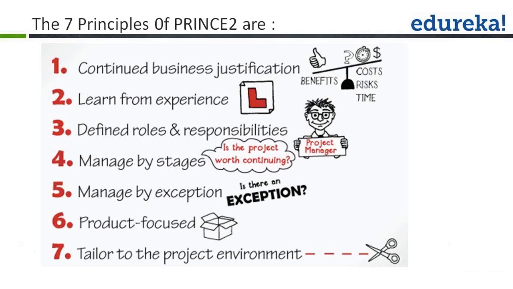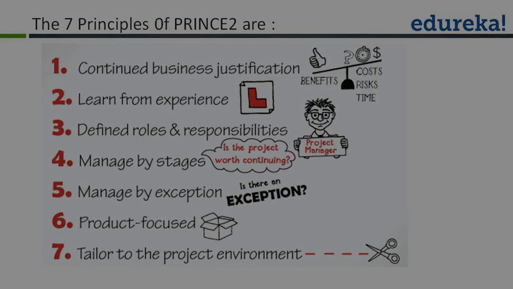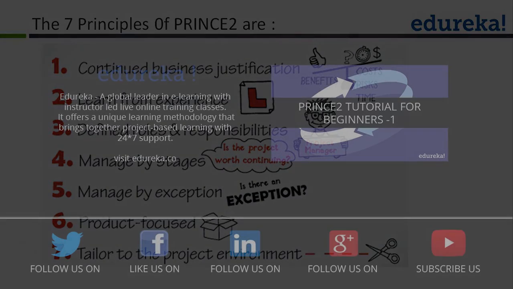If a similar set of processes is applied to every project without taking into account the complexity, there won't be any benefit. In fact, sometimes the process might become an overhead instead of an aid. So all practitioners must tailor PRINCE2 to suit the needs of the project environment rather than embedding or pushing PRINCE2 onto their project.